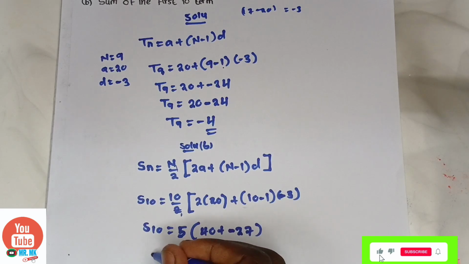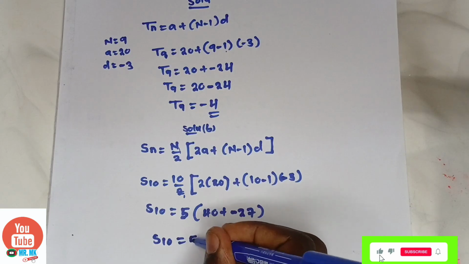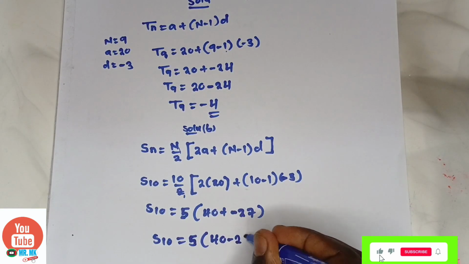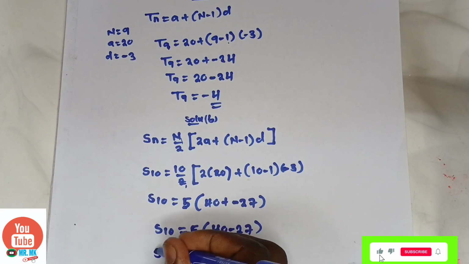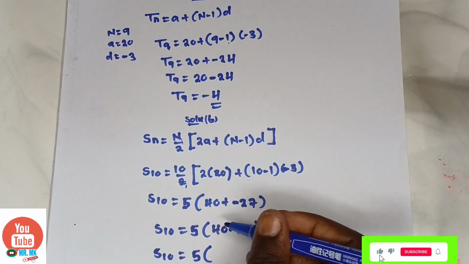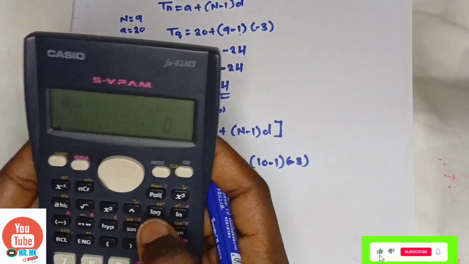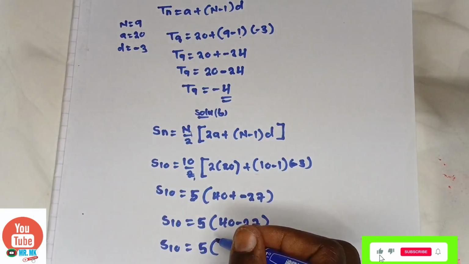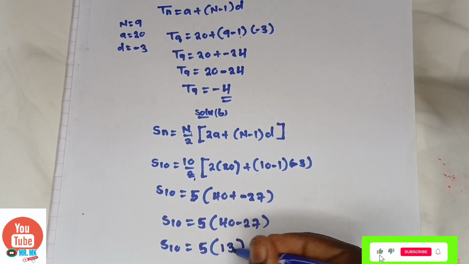So S10 is now 5, open bracket, 40 minus 27. 40 minus 27 is 13.